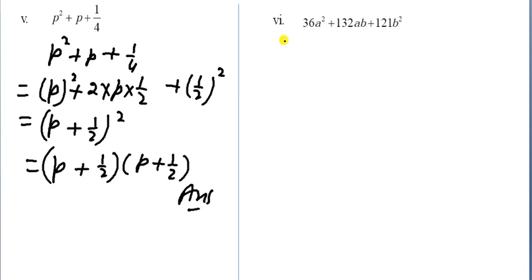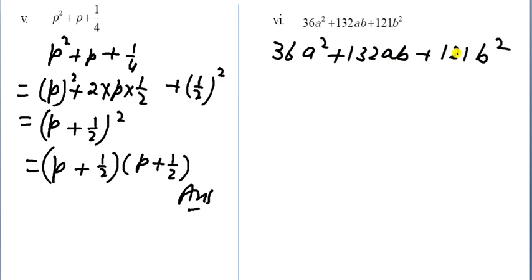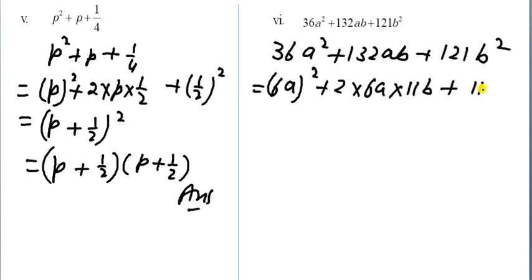Let us see what will happen in the sixth part. It is 36a square plus 132ab plus 121b square. So what will happen? It is (6a) whole square and here is 2 into 6a into 11b, because (11b) whole square is 121b square.